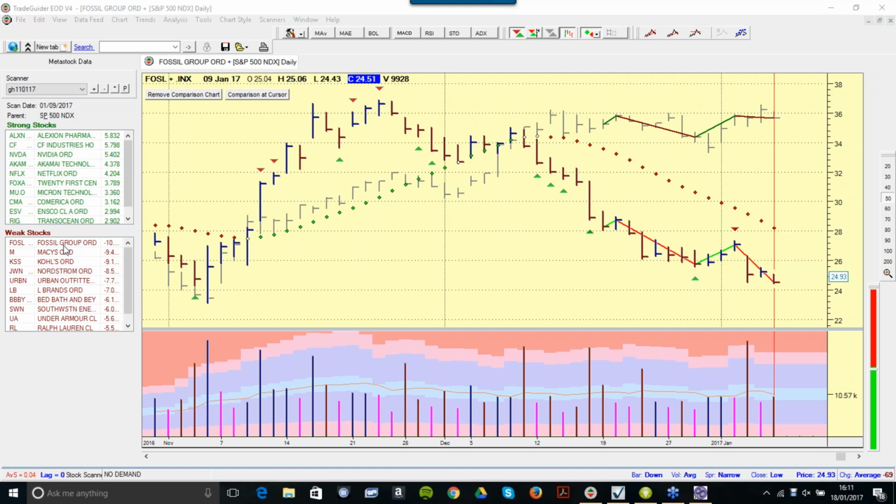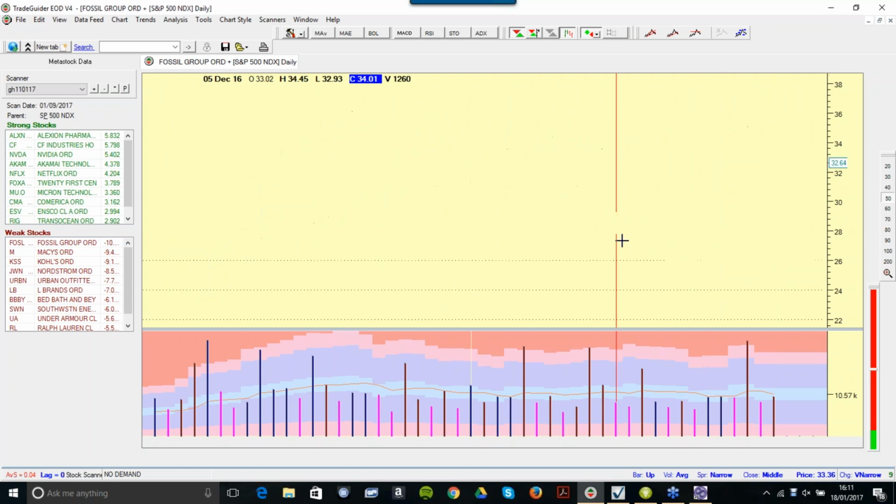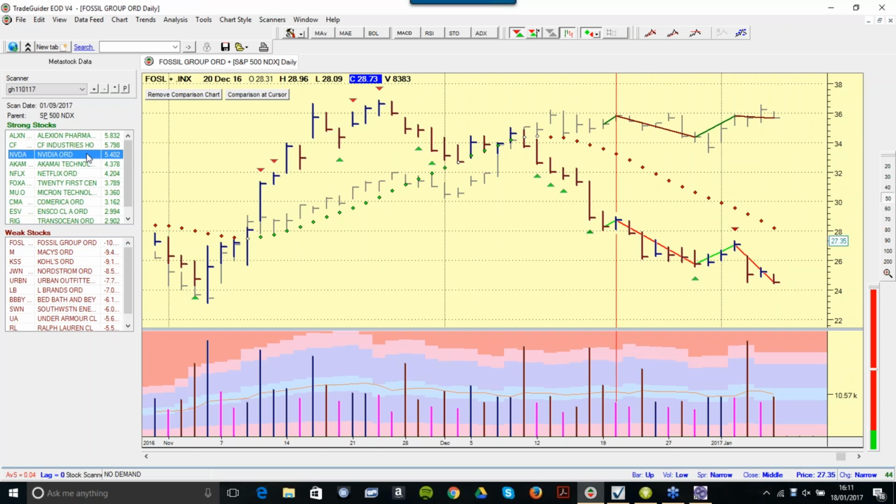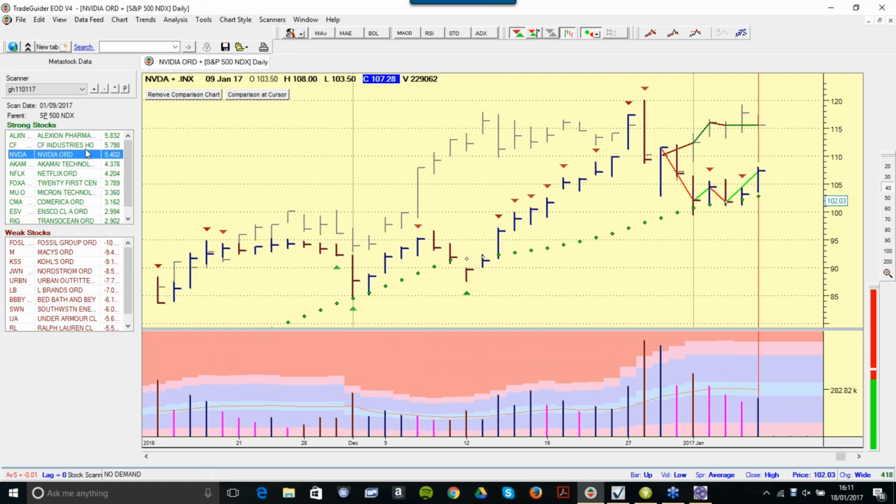Now, below us here, we've got weak stocks, which are acting weaker than the index. You can see the index has rallied and the stock has fallen. And we've got strong stocks, which we can see here. Now, if I want to trade these either in options or in futures options or buy the common stock, I want Smart Center Pro to tell me when these stocks are trending in alignment, because it works exactly the same way as the futures and the Forex charts that I've just shown you.